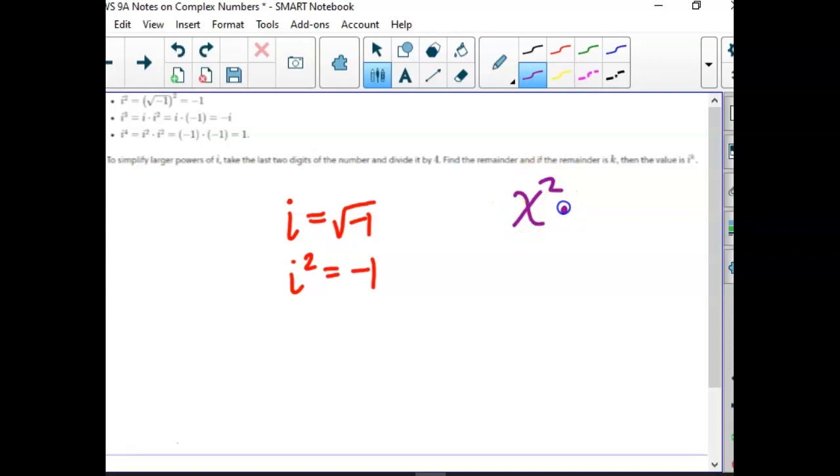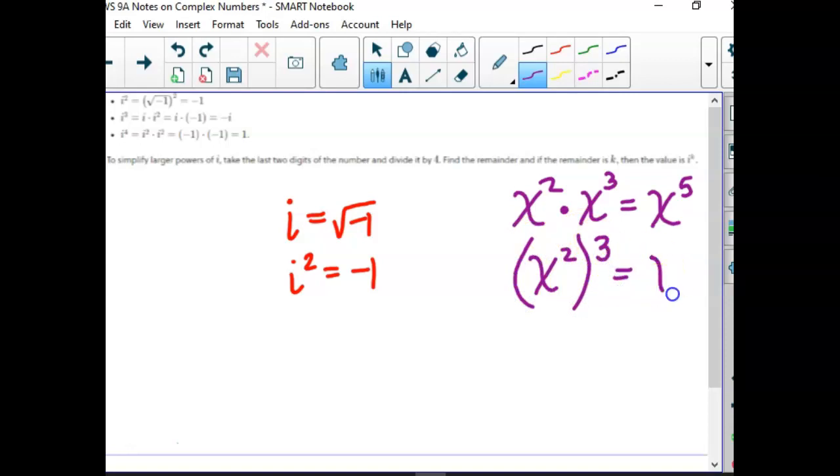Do you remember what happens when you have an x squared times an x to the third? How many x's do you have? And if I had an x squared to the third, do you remember what happens there? x to the 6th. I think those are the only ones we're going to need, multiplying and adding.